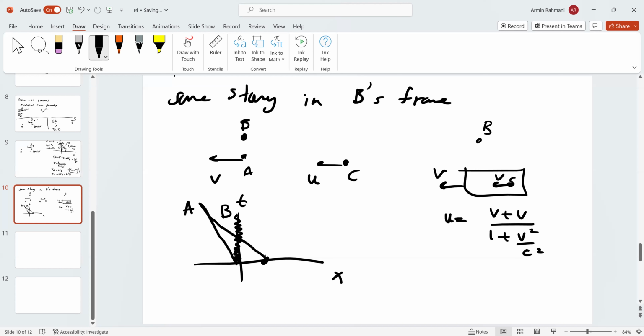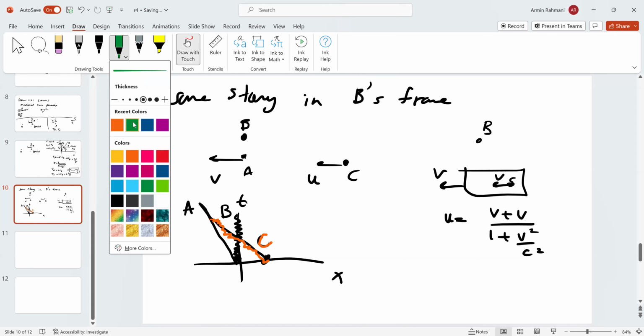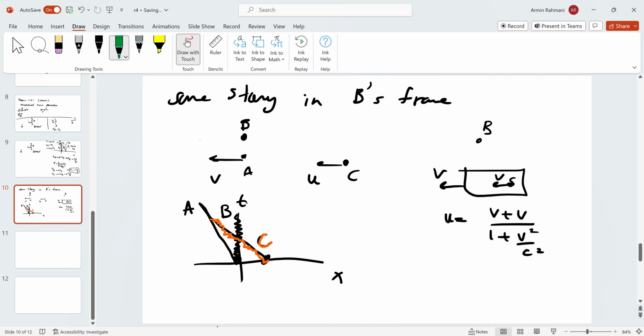This looks awfully close to 45, but it's not faster than light. It's that velocity there. So let's say this is C over here. Let me change color to make clear what things are. So that's C, and this is A here.